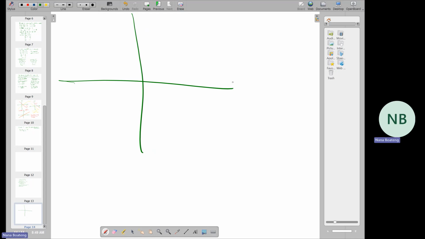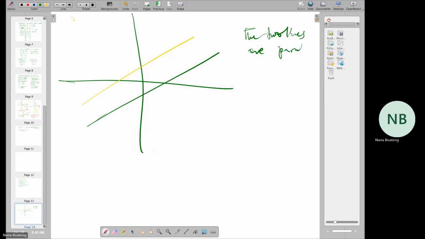So if we were to graph this, generically it will look something like this. Both equations will be headed in a direction such that they never meet. And it means the two lines are parallel.